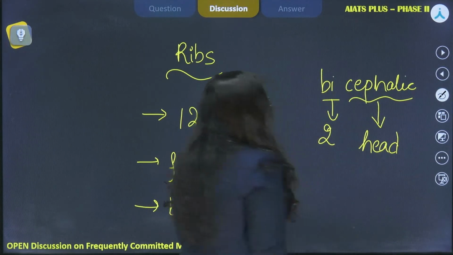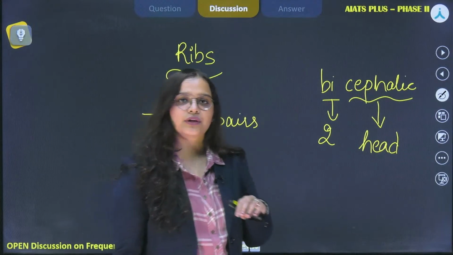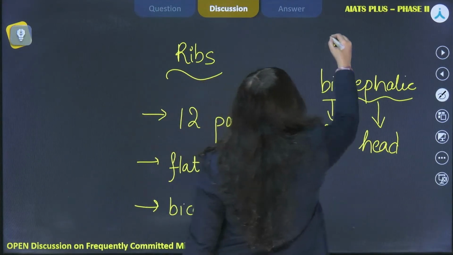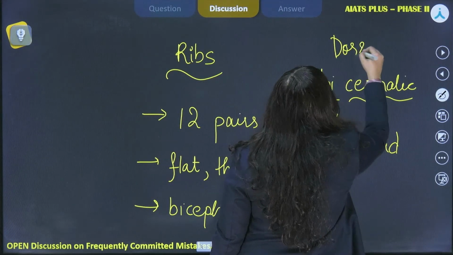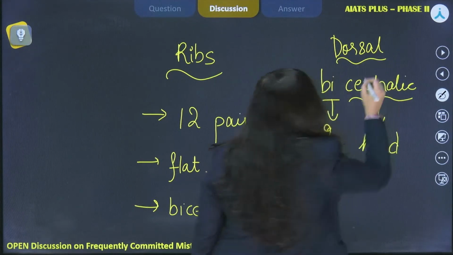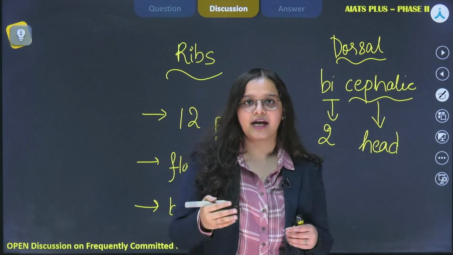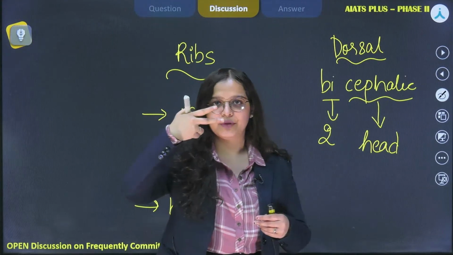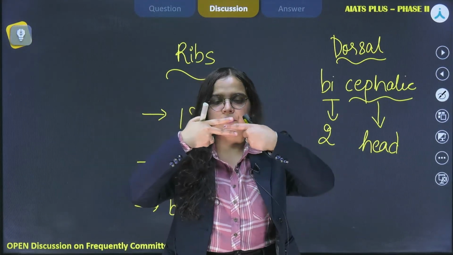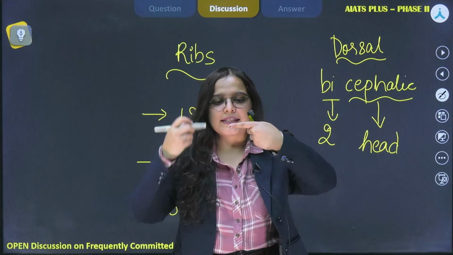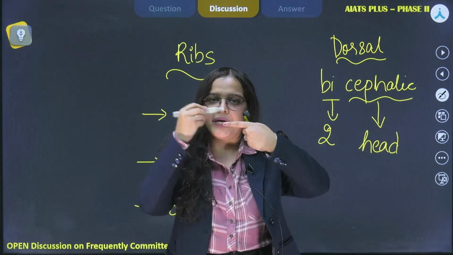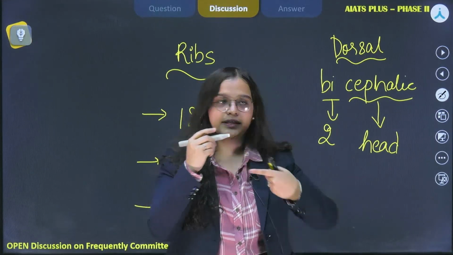So ribs are said to have two heads on their dorsal side which help them in articulation. If we imagine that we have our thoracic vertebrae like this, our ribs will articulate like this. We can see that we have two ends which are articulating.